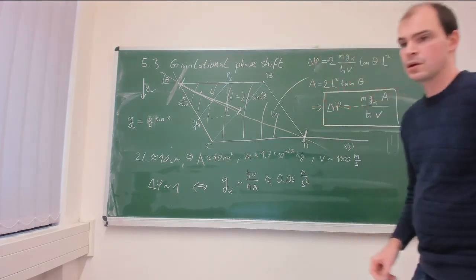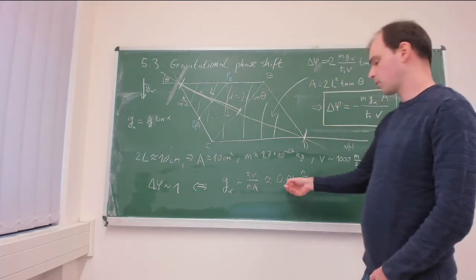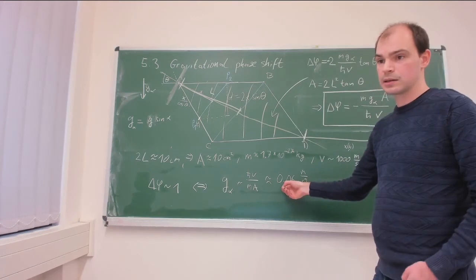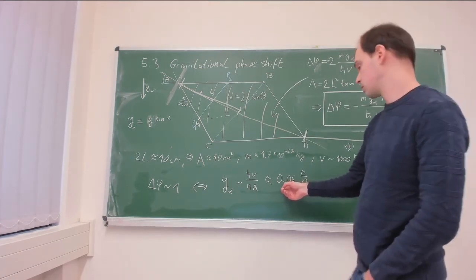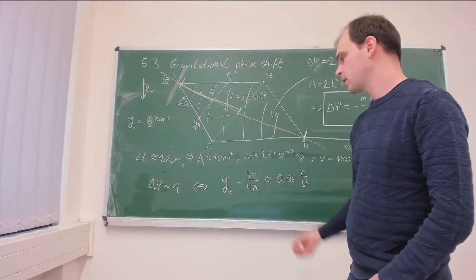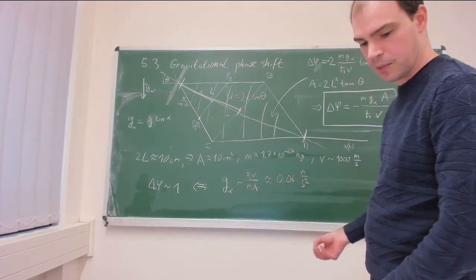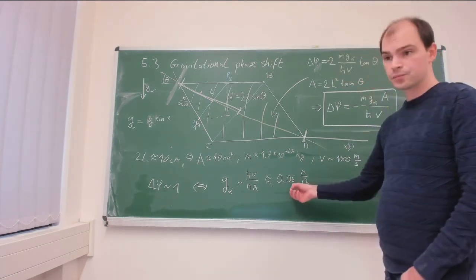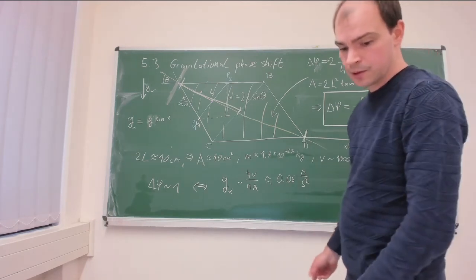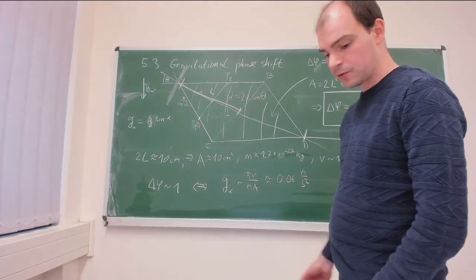Okay. So you see that the gravitational acceleration in the Earth's gravitational potential, which is roughly 10, is more than sufficient, actually by almost 2 orders of magnitude, to give this phase shift.